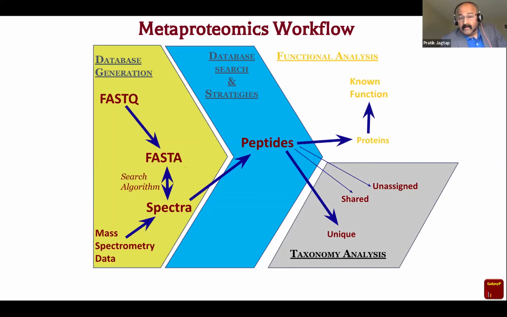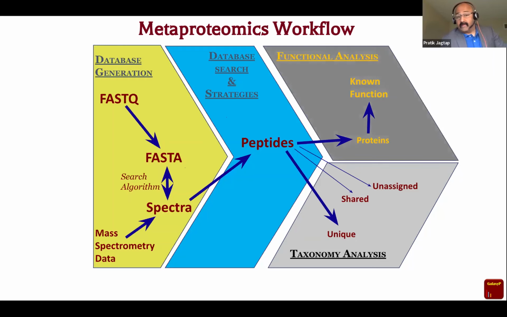On the functional level, you can assign these peptides to proteins, and if these proteins have a function assigned to them, then you can perform functional analysis either by using pathway analysis or various tools that are available to understand what gene ontology terms these proteins belong to.